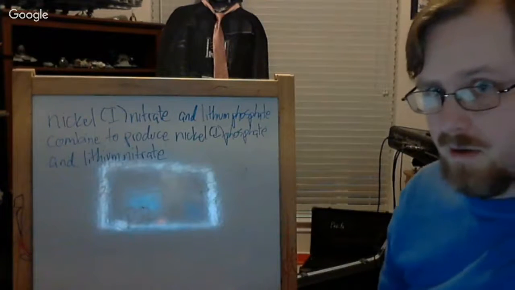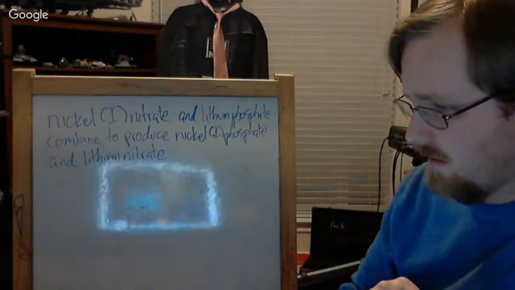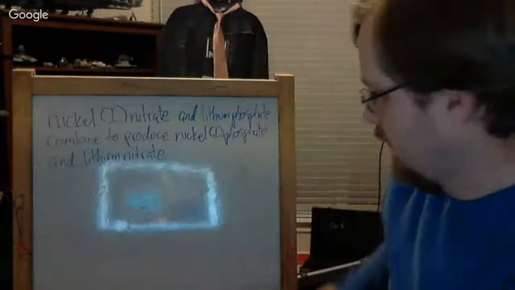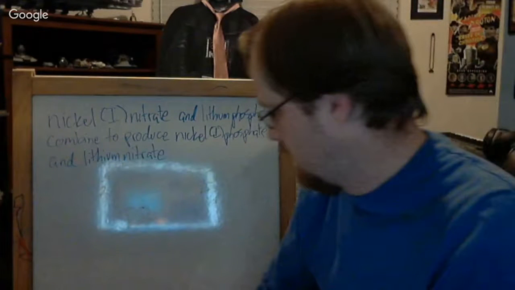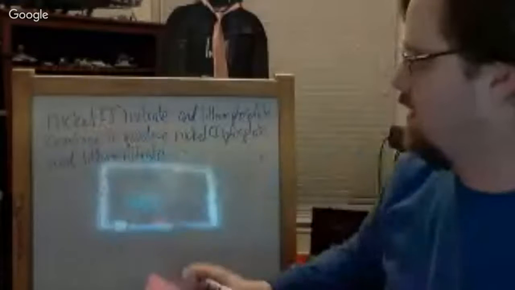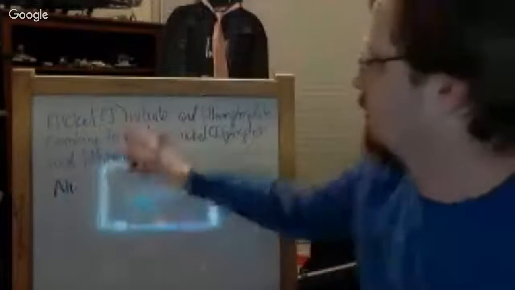All right, so hopefully you guys have had an opportunity to try and work this out. Let's get to the answer here. So we've got nickel nitrate. Nickel is Ni, and it has a charge of +1.